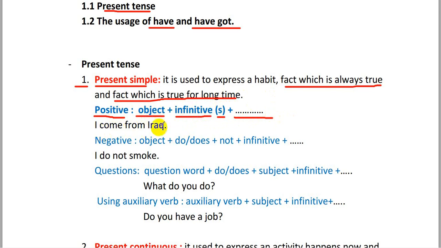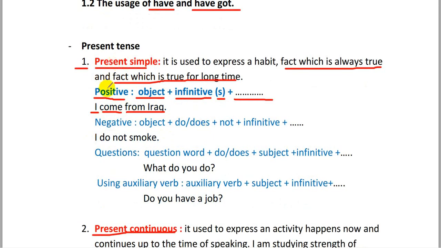For example, I come from Iraq. I object, come it's the infinitive, from Iraq the completion of the sentence. هذه تدل على حقيقة مستمرة لوقت طويل، لذلك استخدمت أسلوب المضارع البسيط. هذا البوزيتيف. إذا ردت أعبر عن شخص آخر مفرد راح أقول he comes from Iraq.